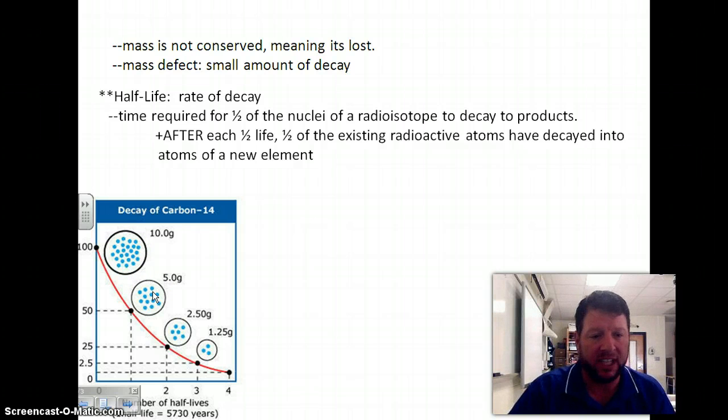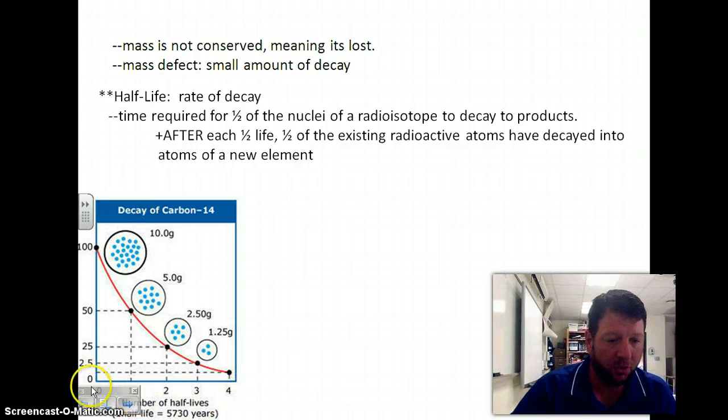Another half-life is the time it takes to go from 5 grams to 2.5 grams, and from 2.5 grams down to 1.25 grams. Each half-life is the time that it takes to lose the existing half of the particles, and eventually this will go away to almost zero.